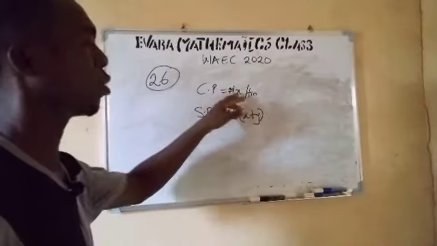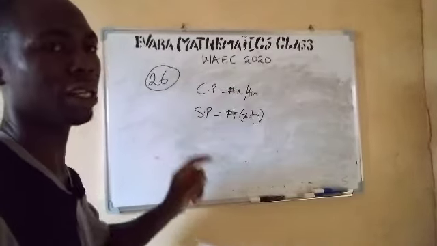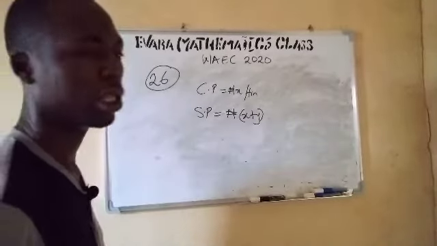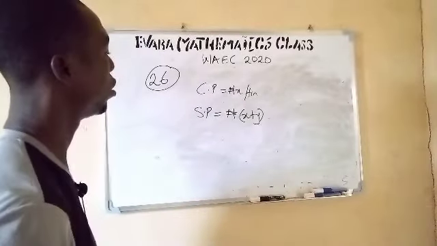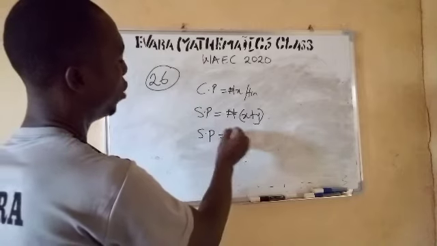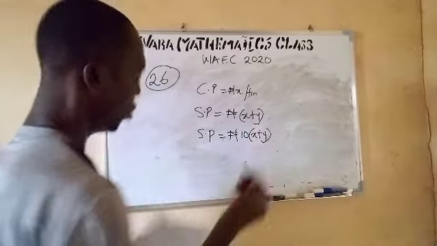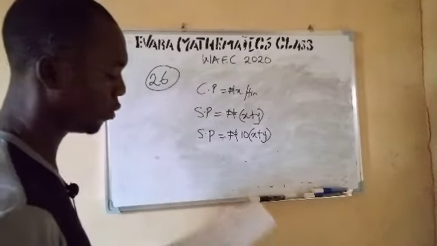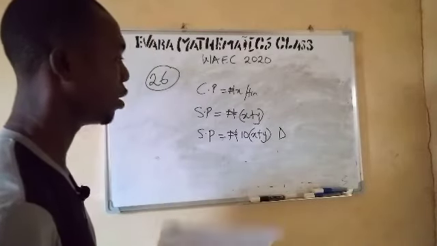So if each one costs her X naira and on each tin she gains Y naira, that means the selling price for each tin is X plus Y. So if she now sells 10 tins of milk, the selling price for 10 will definitely be 10 bracket X plus Y. So we just multiply the price of 1 by 10, and this is option D.